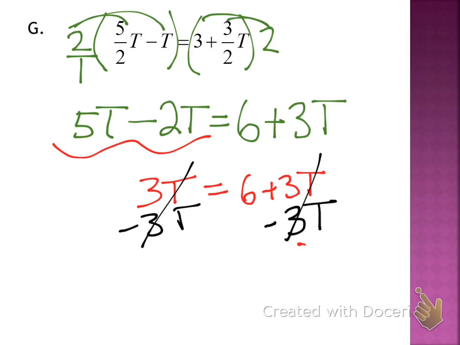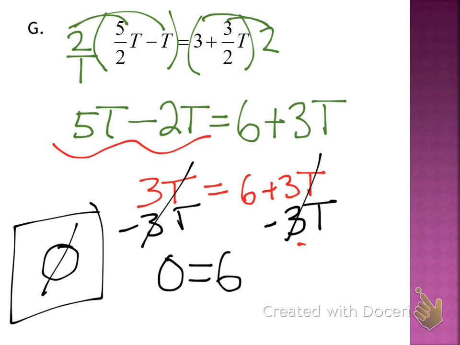They're going to be gone, okay? 3t minus 3t is 0 equals 6. Does 0 ever equal 6? No, this is actually a problem where we will have what's called no solution.